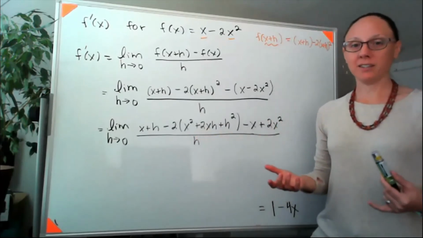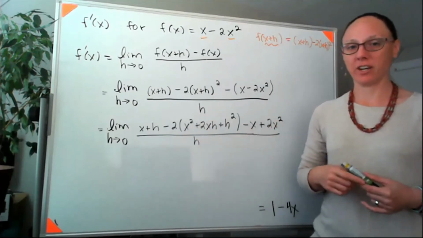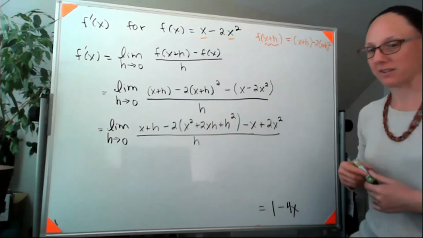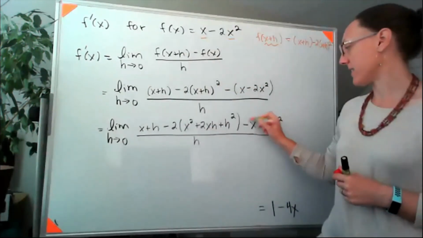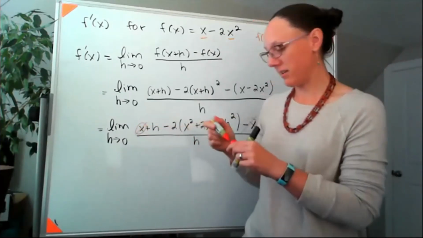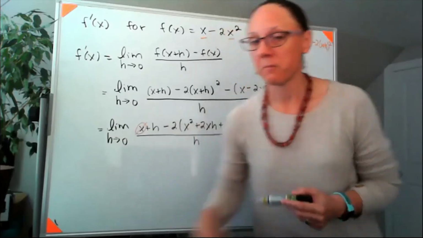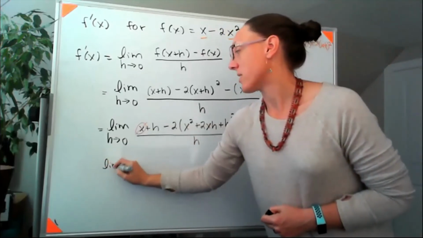I'm hoping that when we distribute things out, anything that does not have an h in it is going to cancel out for us. Well, already I've got one thing that's canceling out, because this minus x and this x out in front, those can cancel. And I'm going to distribute that minus 2 out and hope that some more stuff cancels.